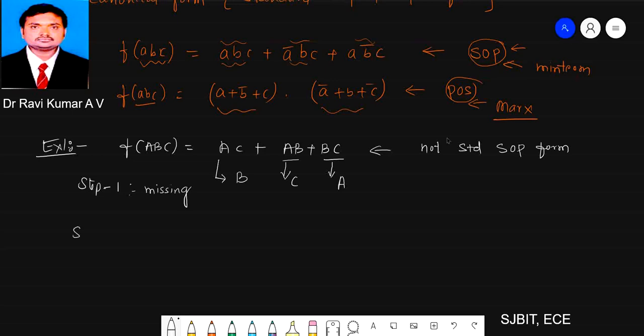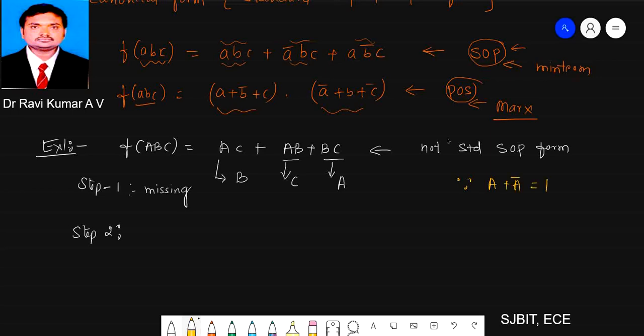Then step 2: multiply each product term by the missing literal plus its complement. We know that A plus A bar is equal to 1 in Boolean algebra.